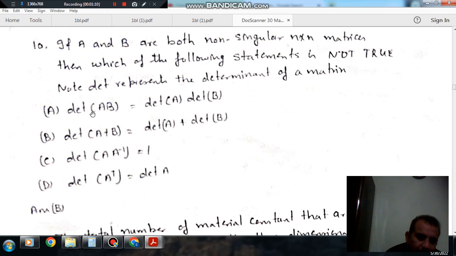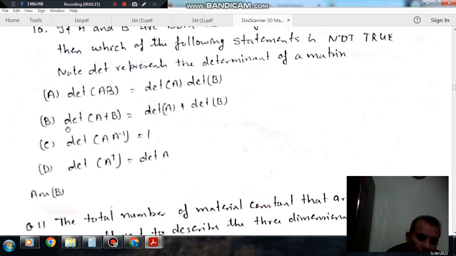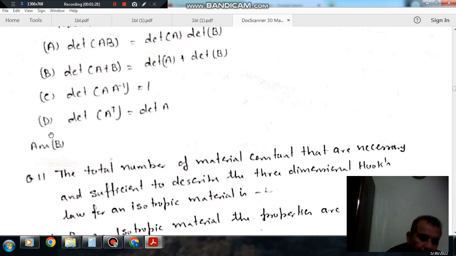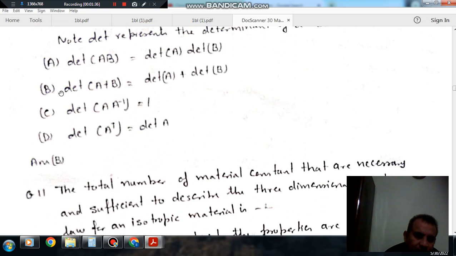Option A: det(A B) = det A times det B. Option B: det(A + B) = det A + det B. Option C: det(A times A inverse) = 1. Option D: det(A transpose) = det A. So the answer is option B.